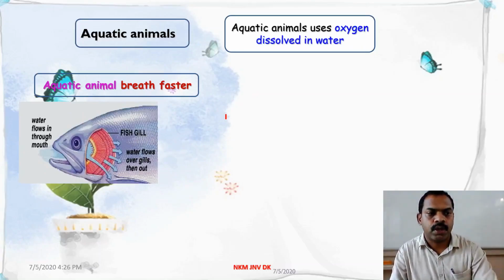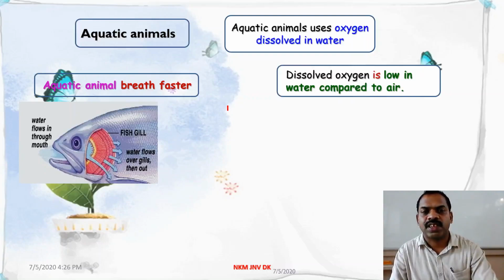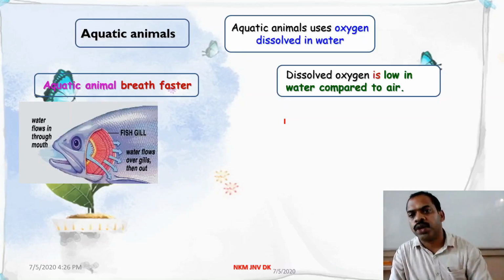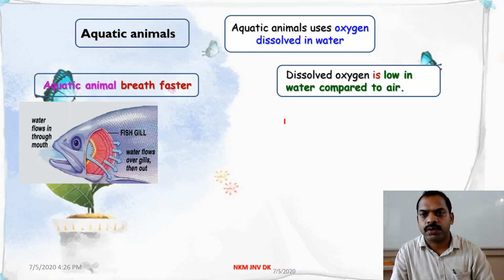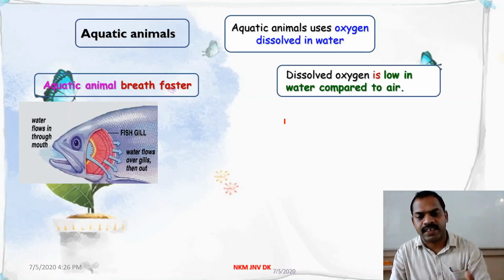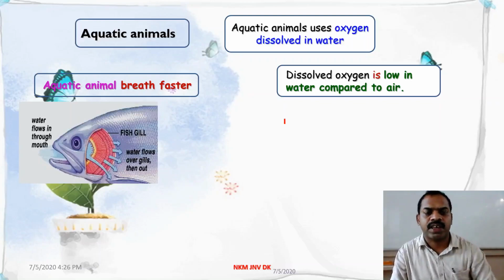Another important feature is that they have to breathe faster. The reason is that dissolved oxygen is low in water compared to air. Why? The ability of oxygen to dissolve in water is less.